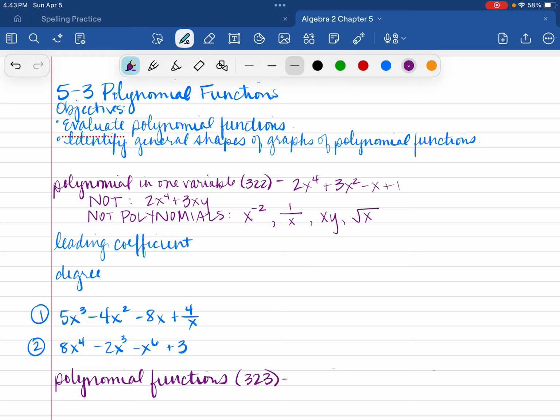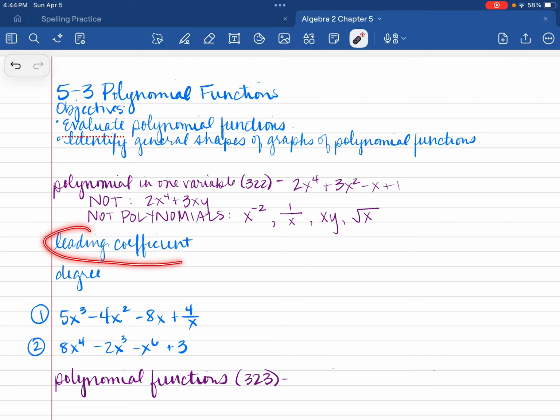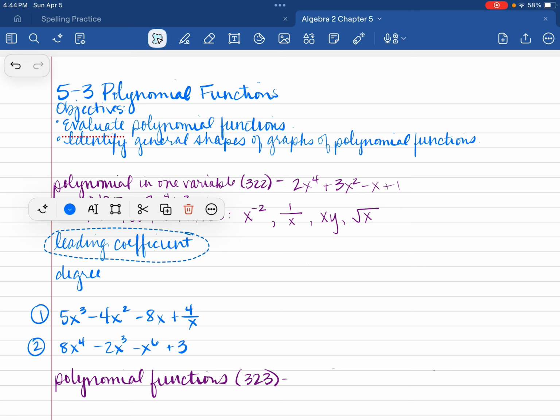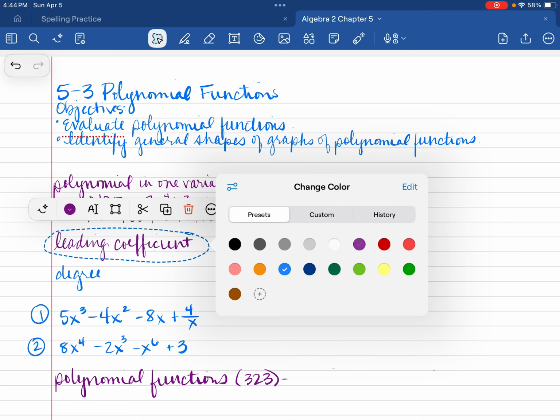Once we've identified something as being a polynomial, then we want to be able to identify our leading coefficient and degree. Leading coefficient is one of our vocab terms. I think we already defined this at some point. I had changed this because I thought it was not on your sheet.